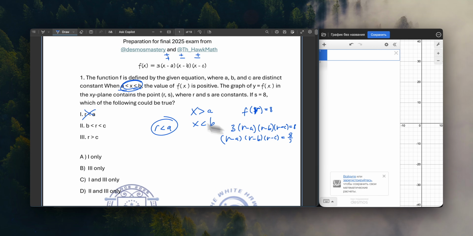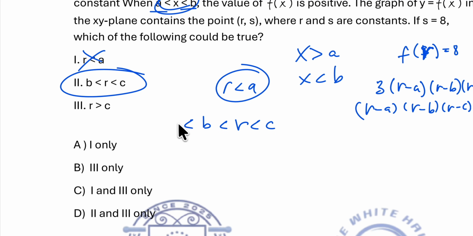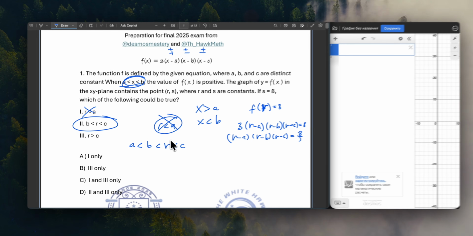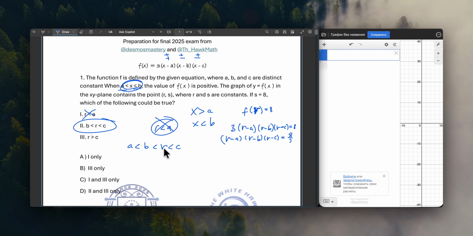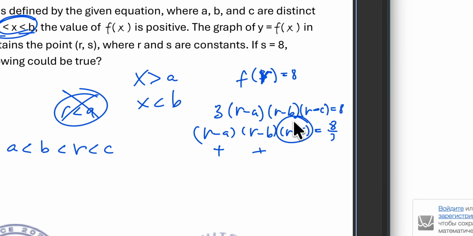And if I take something between b and c, which is greater than a anyway, will we have a positive value or not? If I take something between b and c, I'll have the positive sign, because r is greater than a, r is greater than b, but r is less than c, which leads us to a negative value. Plus times plus is plus, plus times minus is minus.